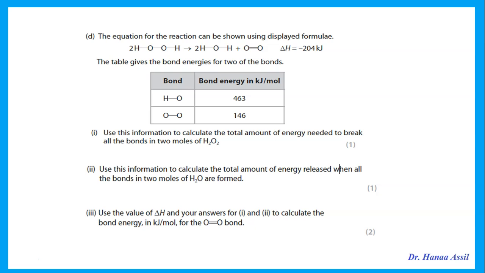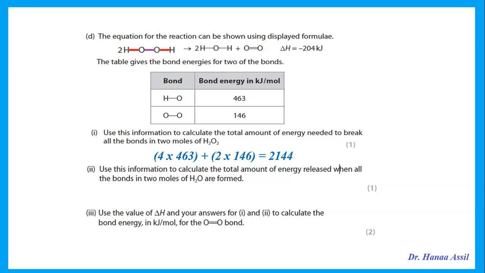We have a bond between the 2 OHs in the H2O2, but we have 2 of that. We have 2 of the H2O2, and that means we have 2 times 2 of these bonds, so these are 4 bonds. And we have 1 OO bond for each H2O2. We have 2 of them, and that means we have 2 of the OO bonds.